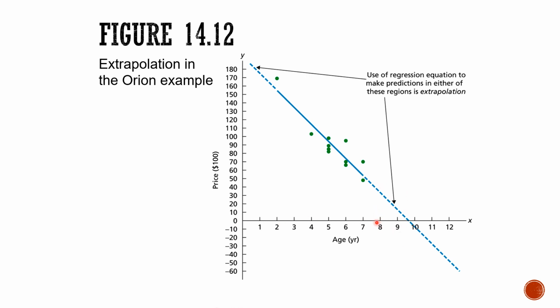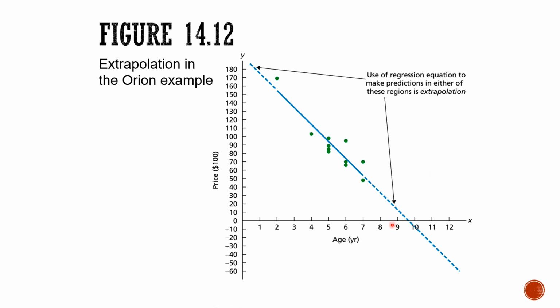Neither did we have anything beyond 7. I think the highest x value we had in our data set was 7. Now, when we create a regression equation, we can use it to plug in any value for x, even if it was not in the actual data set.